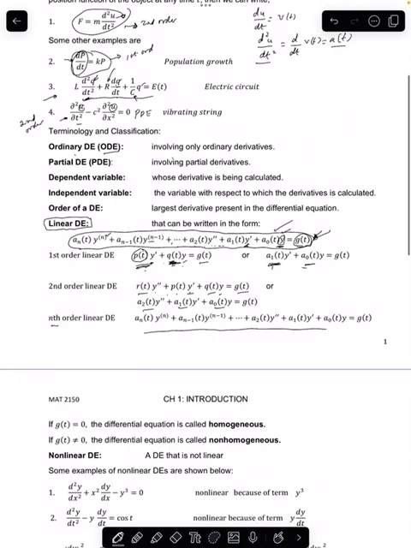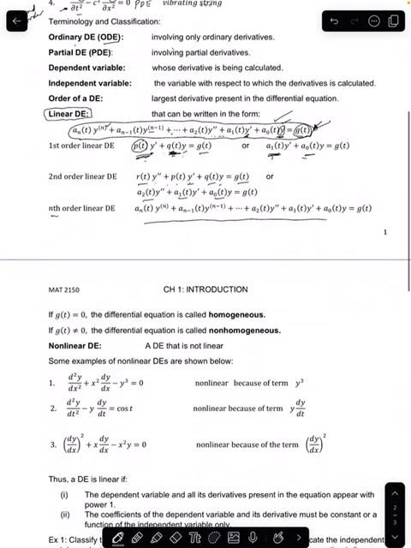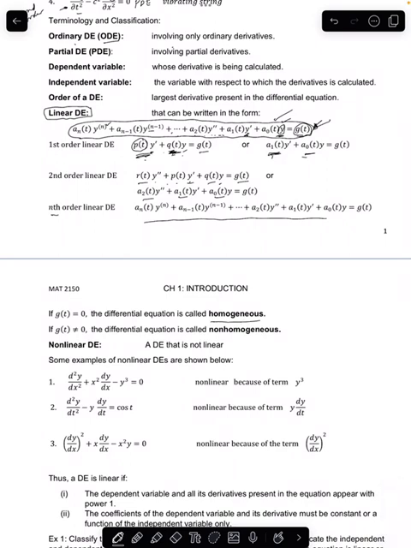Okay, some more vocabulary here. This is a word which can be pronounced in different ways, but I think the correct pronunciation is something like homogeneous. If g of t is equal to 0, so what is g of t?